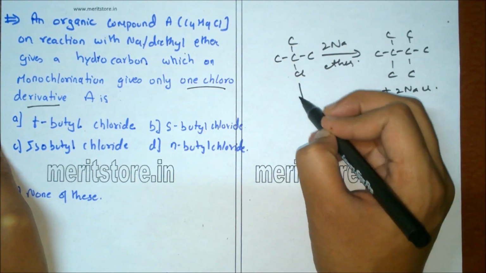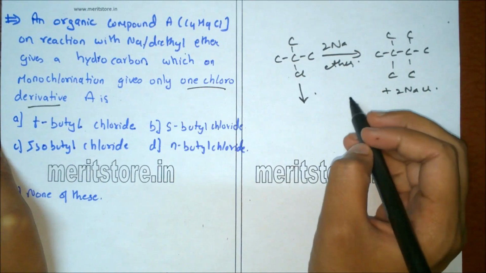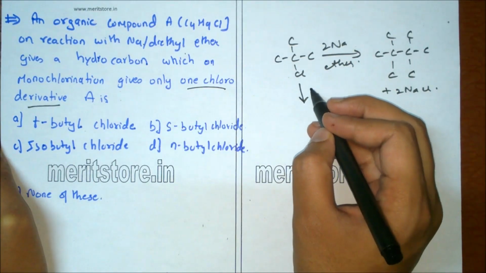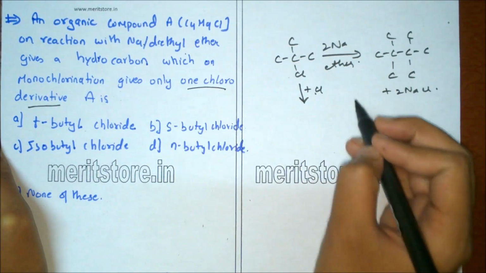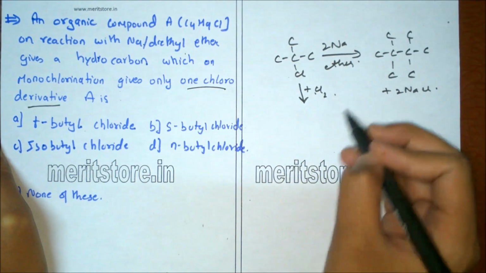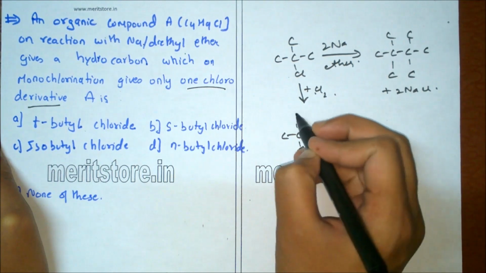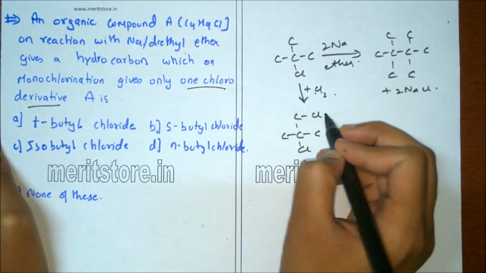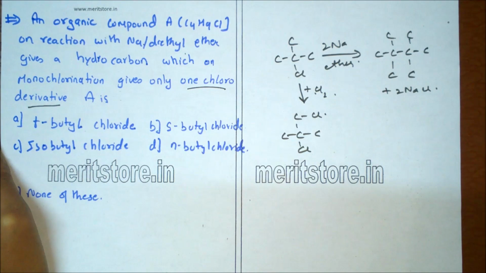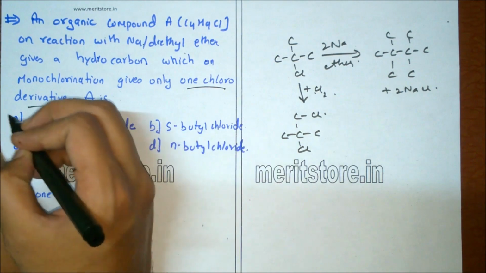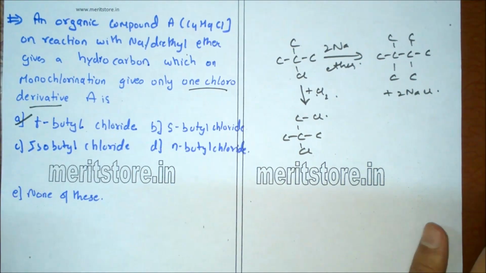The compound on chlorination will give one chlorine derivative by side chain chlorination. So all methyl groups give the same monochlorine derivative, that is the CH2Cl derivative. It is a tertiary butyl compound. So option A is the correct answer.